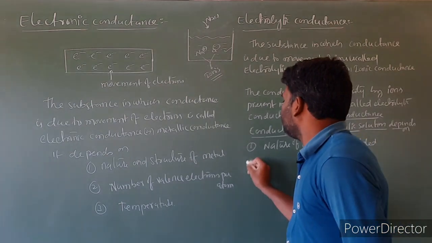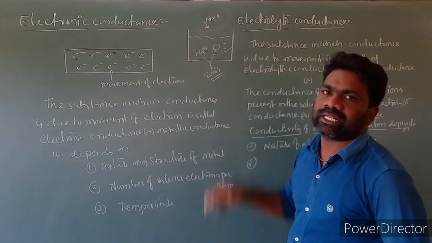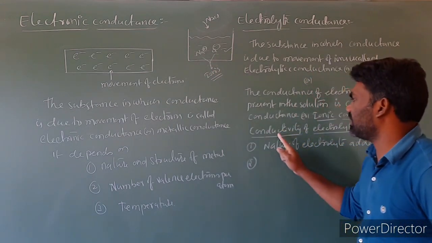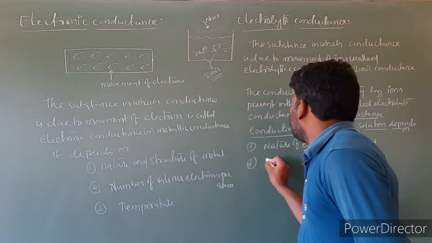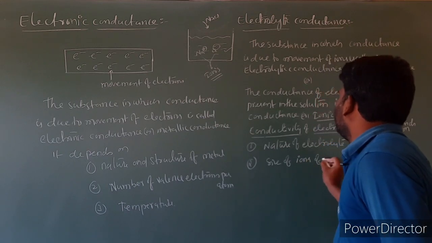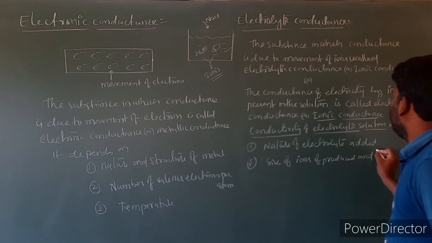The second one is the size of ions produced. The cation and anion produced, their size and their solvation also influence the conductivity of the electrolytic solution.